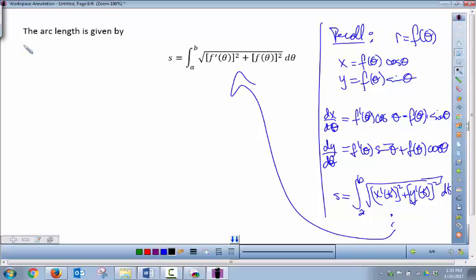So let's do the Riemann example again. Or no, let's do a rose this time. I think the rose petal is in your book. Let's do a difficult example. What was it again? 3 minus 2 cosine or something like that?